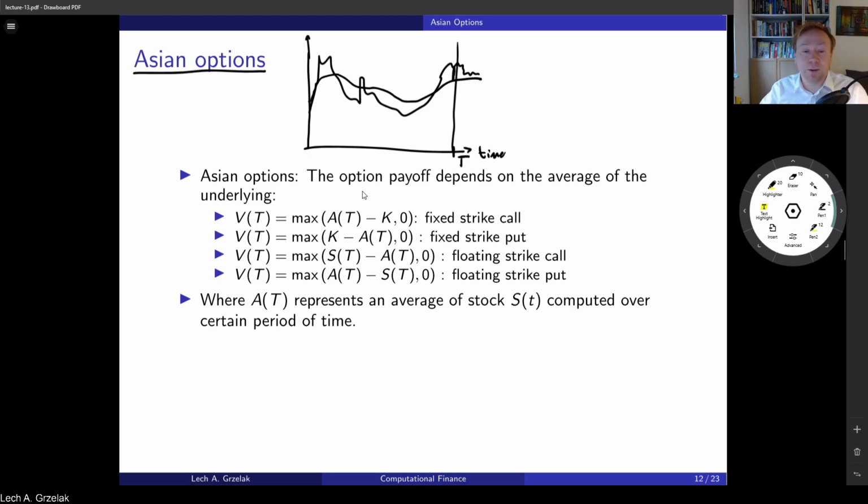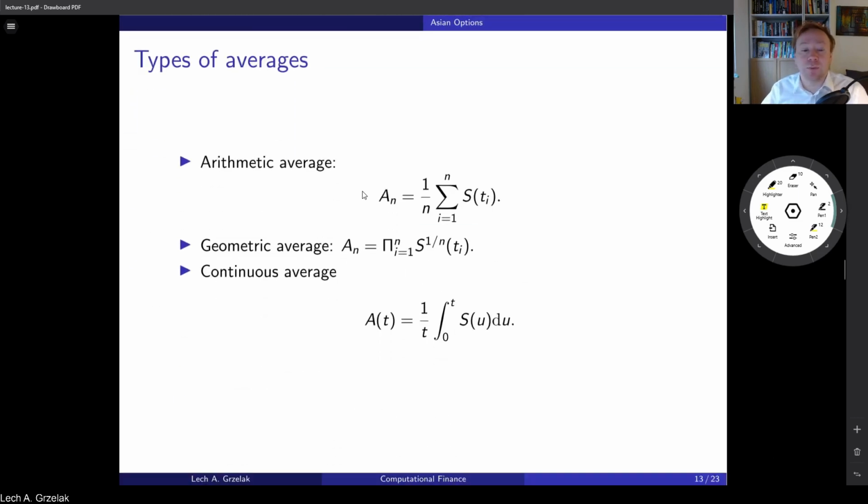This is quite important. There are different ways of calculation of average. The first one, the obvious one, is the arithmetic average, where we just have a summation of stocks at different times, and then we calculate the average. What is also important here, you see that we do summations from t_1 until, let's say, the final date T_N. However, you can also have a variation. For example, if you have a contract of 10 years or so, or even longer or shorter, you may not want to have an average over the whole history of a stock.